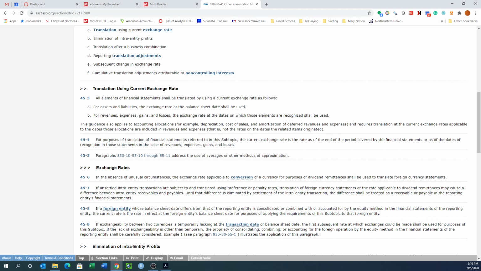Let's take a look at the implementation guidance in 55.10 through 55.11, which talk about the use of averages and other methods of approximation if you're not keeping track of all of the exchange rates when you executed those transactions.